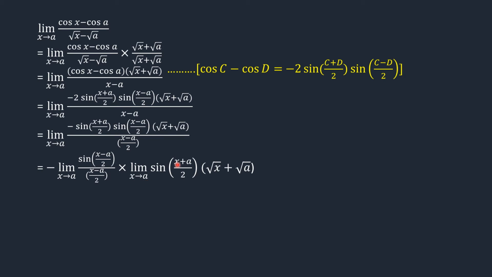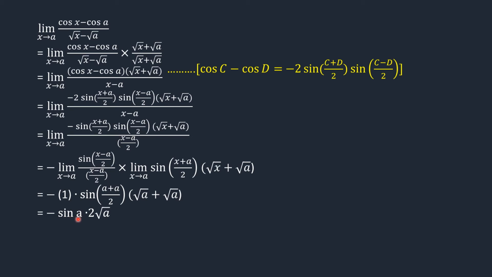So once we put x equals a here and x equals a here, in the next step we will get: a plus a is 2a, over 2, that will be a, and root a plus root a will be 2 root a. So it will be just sine a.